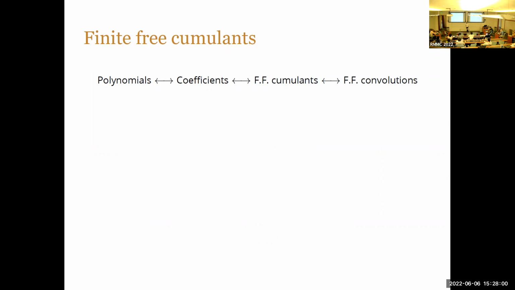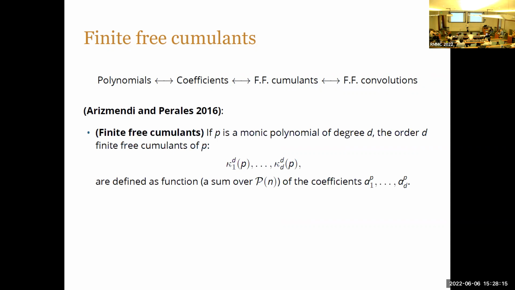Those you encode in terms of coefficients. And then finite free cumulants will organize the information given by the coefficients so that you can study these finite free convolutions. And these were introduced by Arizmendi and Perales. And so given some polynomial of degree d, you can write down the finite free cumulants as a function of the coefficients of that polynomial.